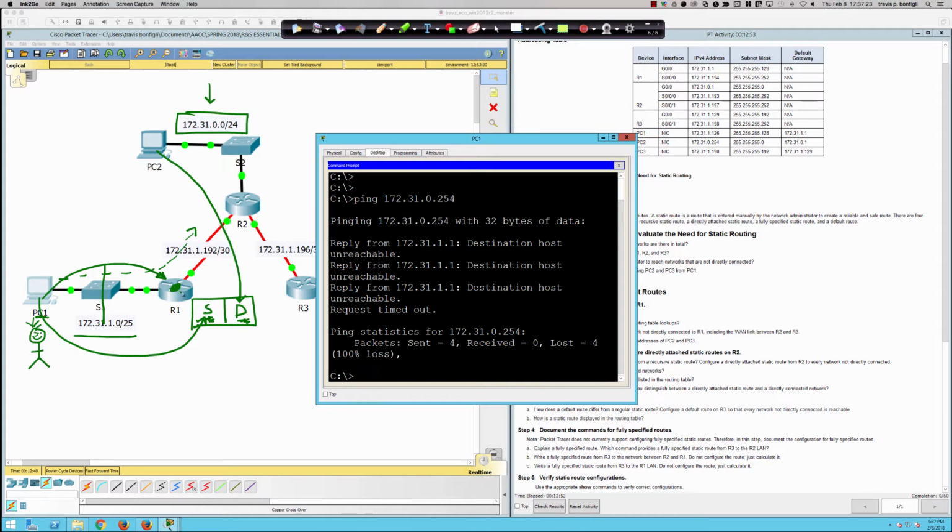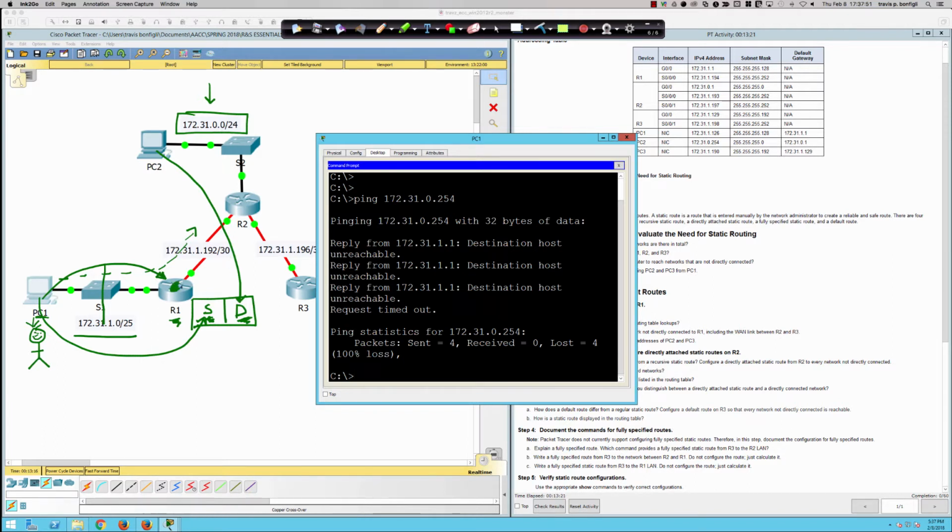So router 1 gets this traffic that's been thrown over the fence from PC1, because PC1 has no clue how to get to that network. All he knows is, hey, I've got a default gateway. I'm giving it to that guy. And that guy is router 1. Router 1 says, all right, what is the destination network that you're trying to get to? And router 1 sees its destination IP, 172.31.0.254.